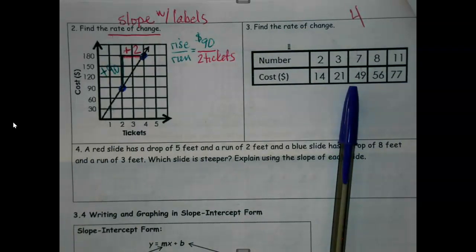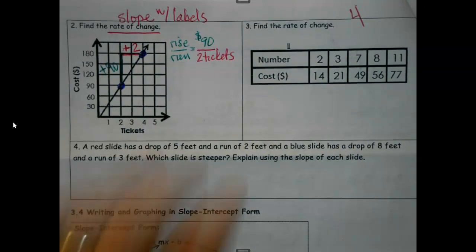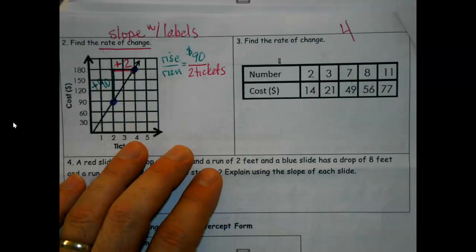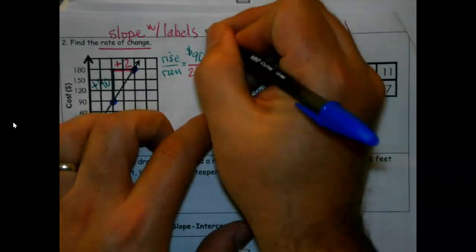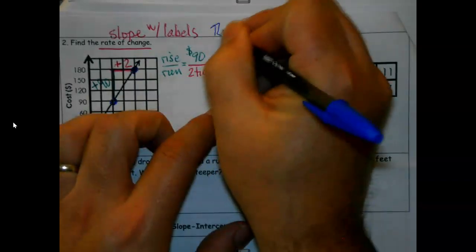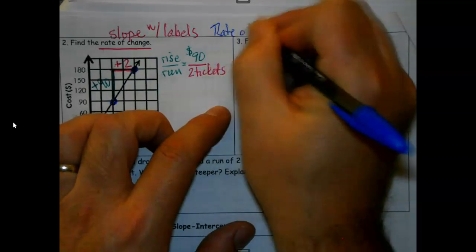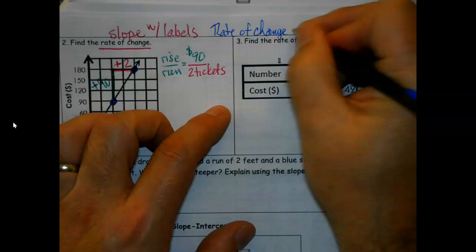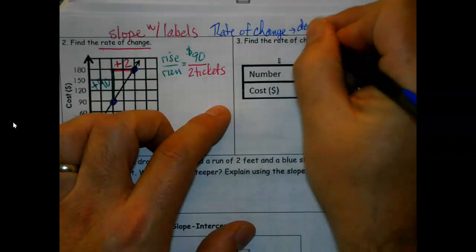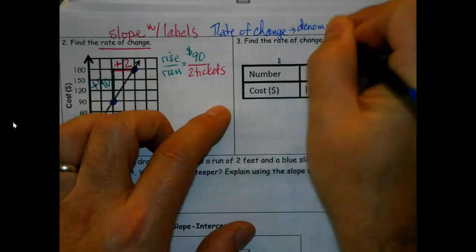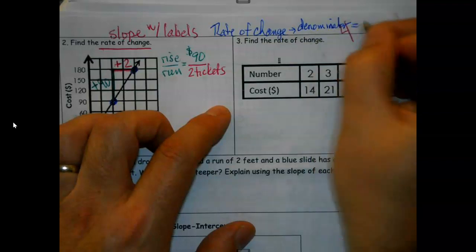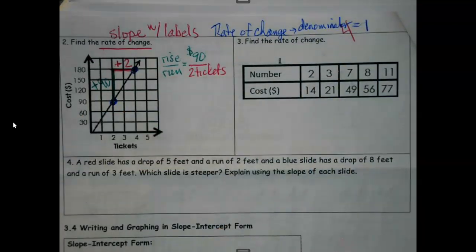I'm not done yet, because reminder, whenever you do rate of change, okay, I'm going to put one more little note up here. Whenever we do rate of change, the denominator, the bottom number, always is going to equal 1.